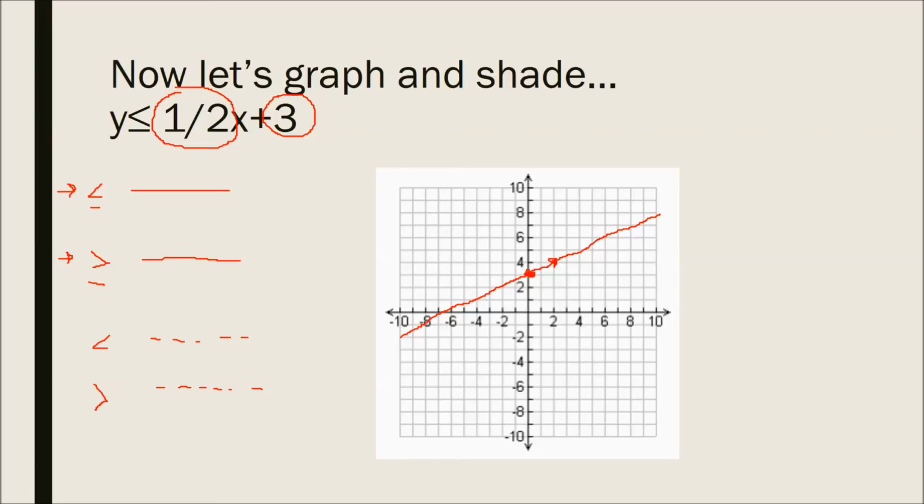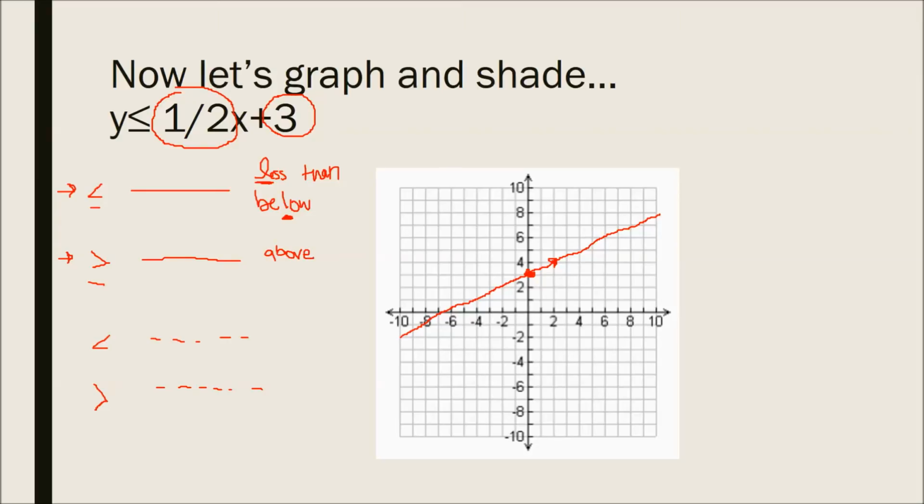And this is where the less than or the greater than comes into play. If you remember this, my way of remembering where we shade is the less than goes below the line, and I remember that by remembering that L and L. And then our greater than signs go above.